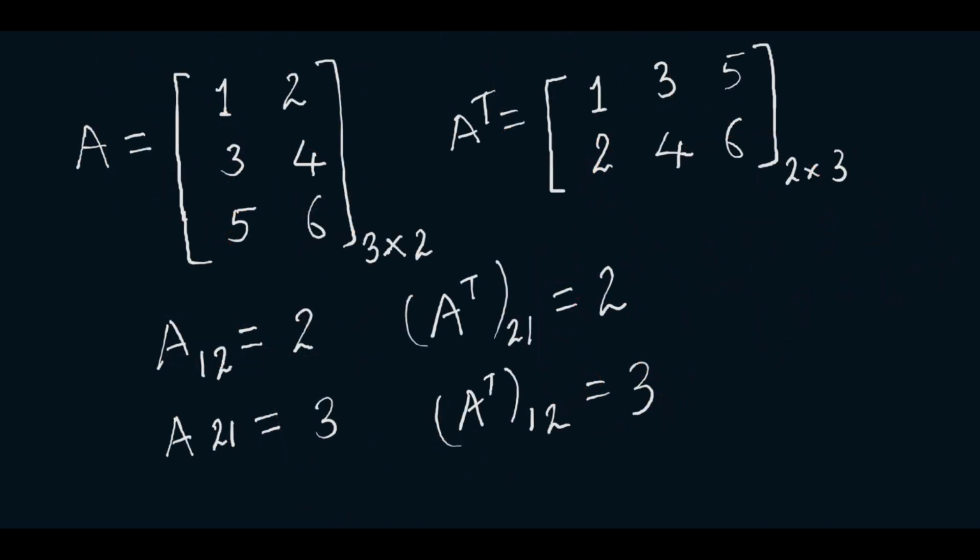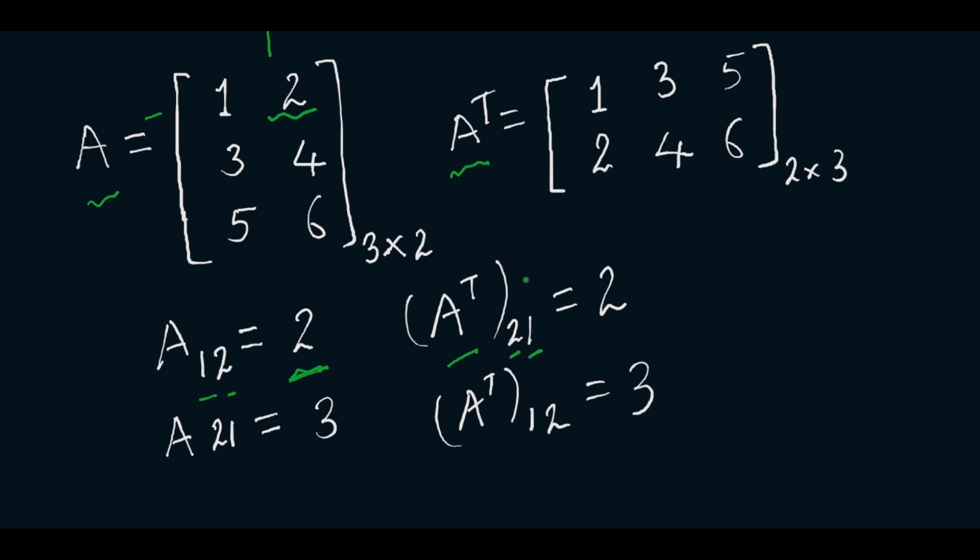Here this is our A matrix and the transpose of the matrix is this. So when we say A12, it is the first row, second column, we get 2 here, which is the same 2. If we take the transpose, it's 2, 1.